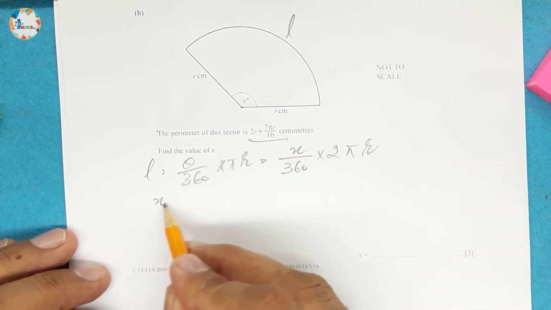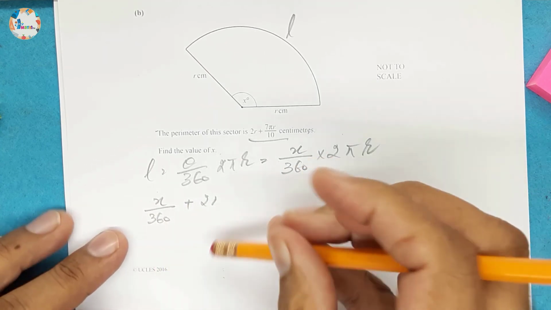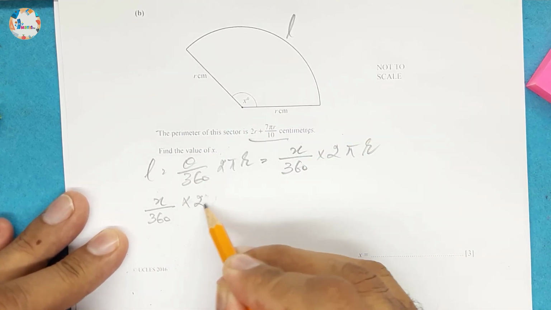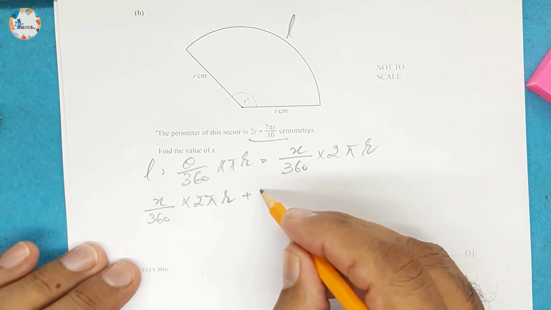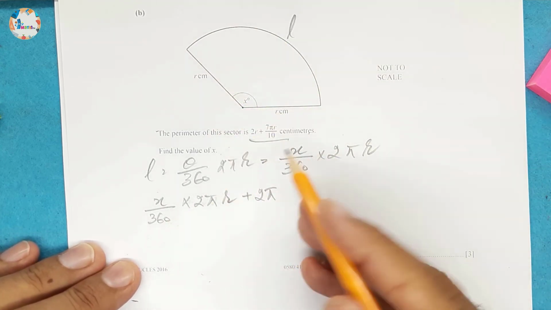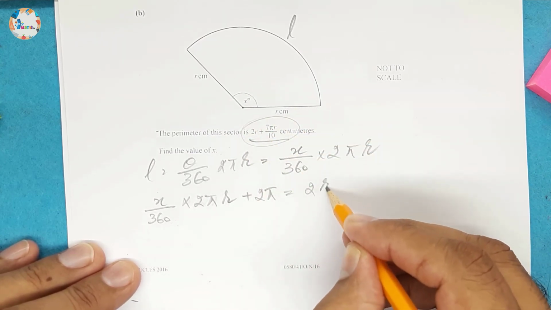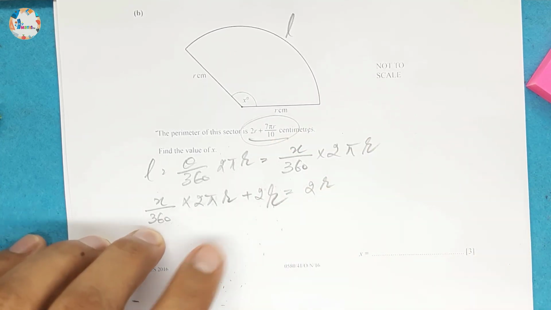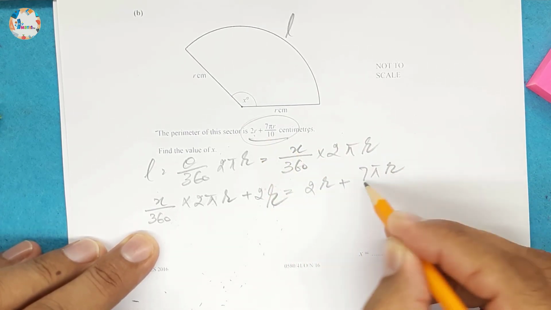So x over 360 multiplied by 2 pi r plus 2r, this is the perimeter. This length plus the two radii is given as 2r plus 7 pi r over 10.